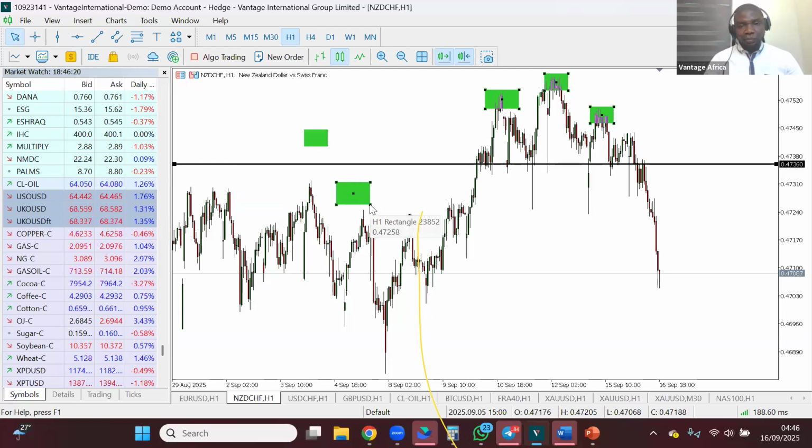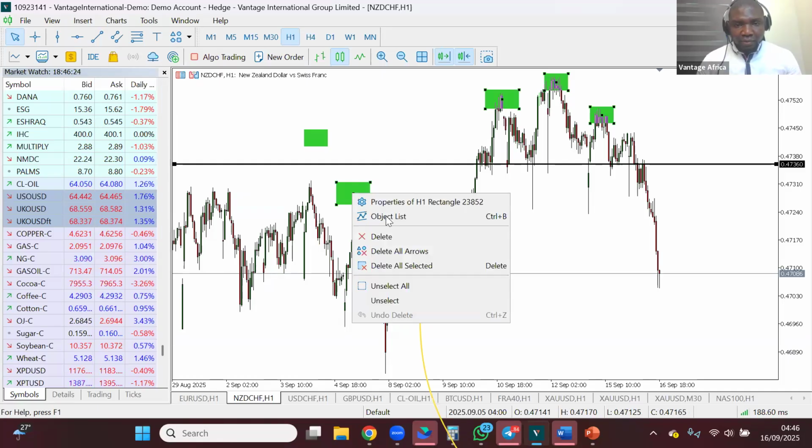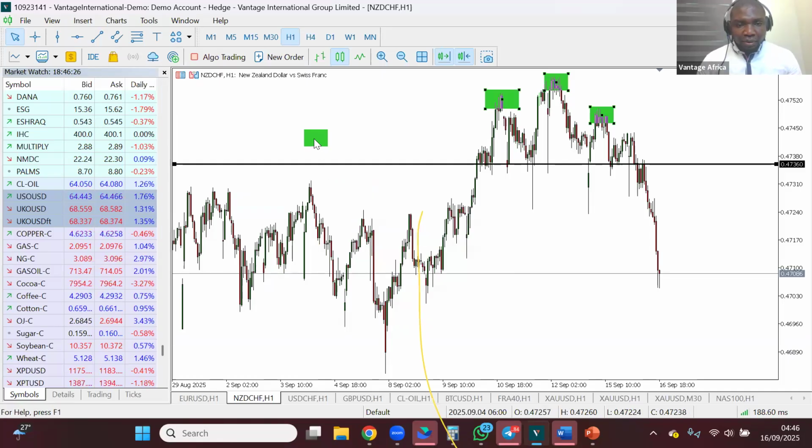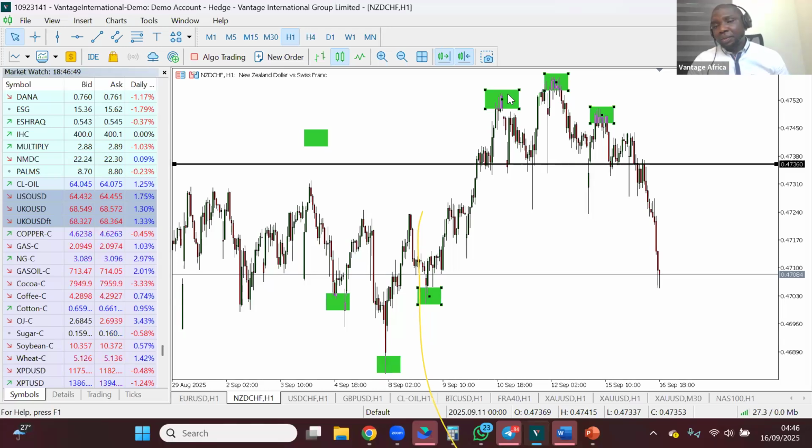I can see that this is a left shoulder, this is a head, and this is a right shoulder, and price went ballistic. So this is what we call inverted head and shoulder.